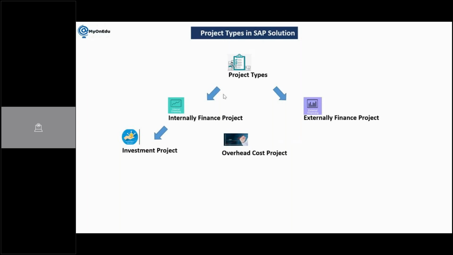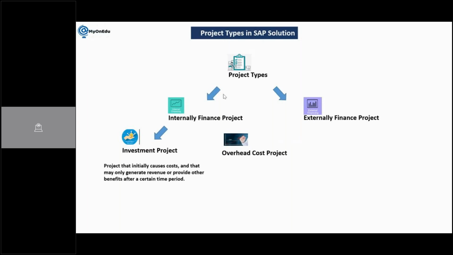That amount need not be included in this contract, because it is just an additional thing we provide to the customer, for environment protection only. So what we conduct separately as plantation will be understood as an overhead cost project. We'll go into more relevant business cases once we go for the detailed sessions.